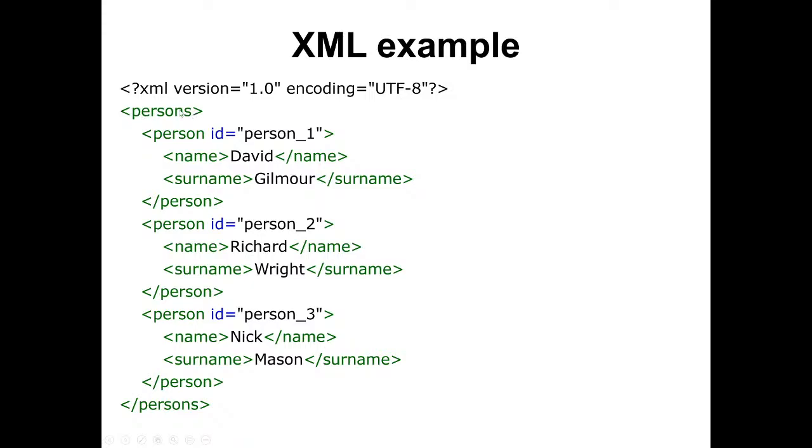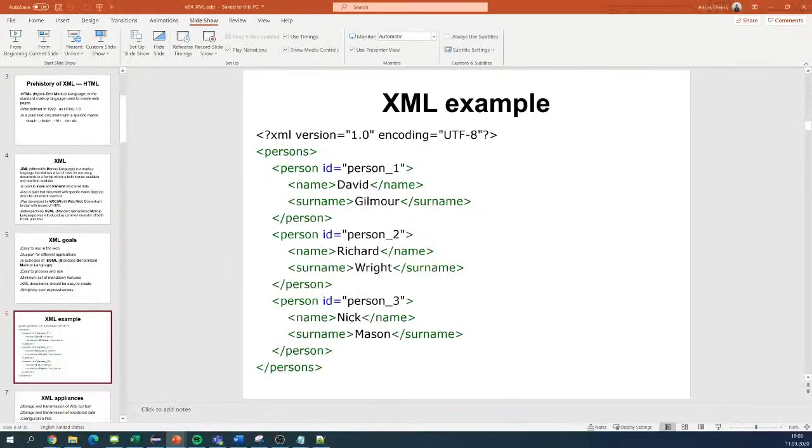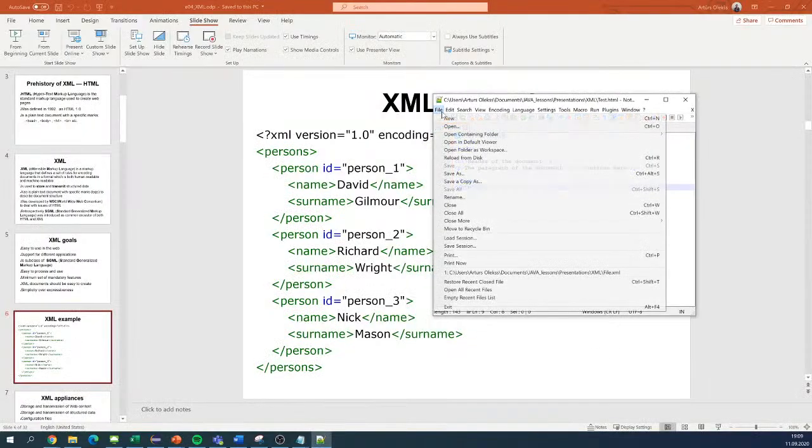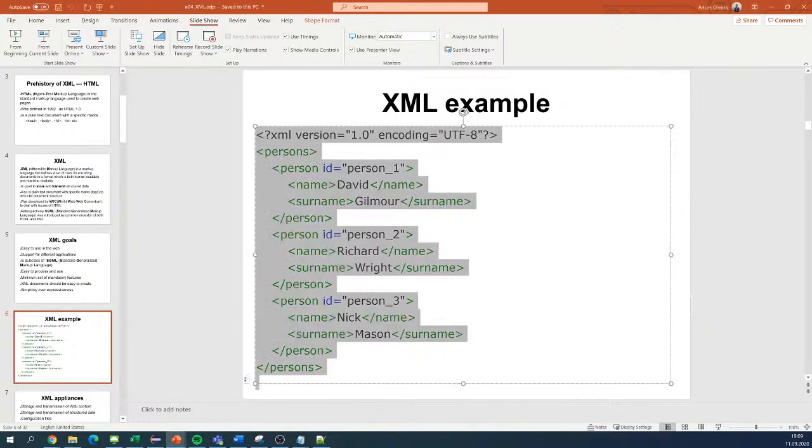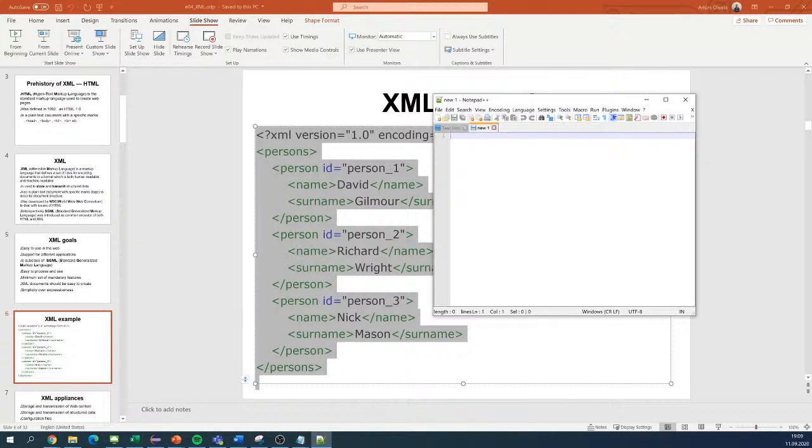In this case, it's persons. So you have persons at the beginning, persons at the end, and you cannot define it this way. Let me show you. Okay, now that's the text. It's good.